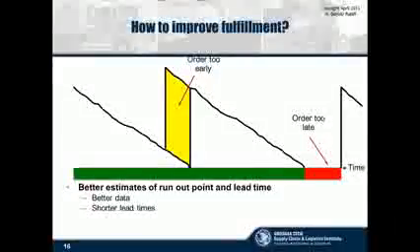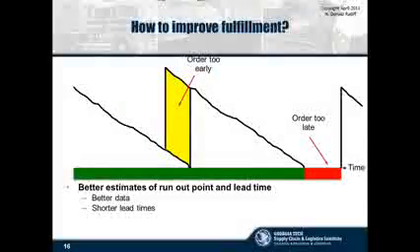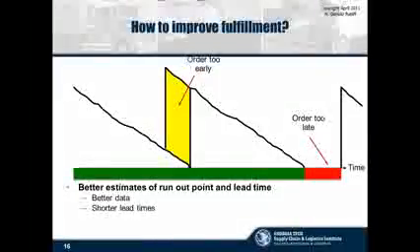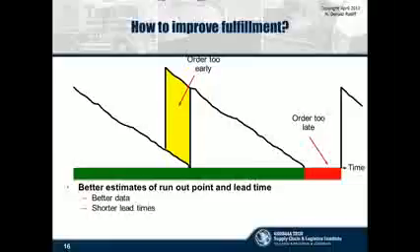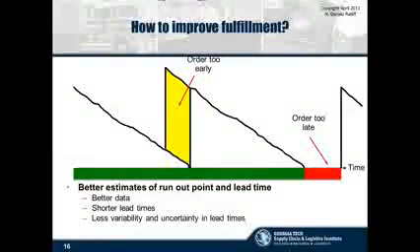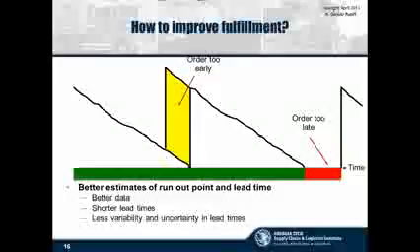Shorter lead times: certainly, if the lead times were shorter, it would be easier to predict. One of the reasons we're moving toward more nearshoring, manufacturing in Mexico as opposed to manufacturing in China, is that it gives us shorter lead times. And certainly anything we can do to decrease variability and uncertainty would help us to improve fulfillment.